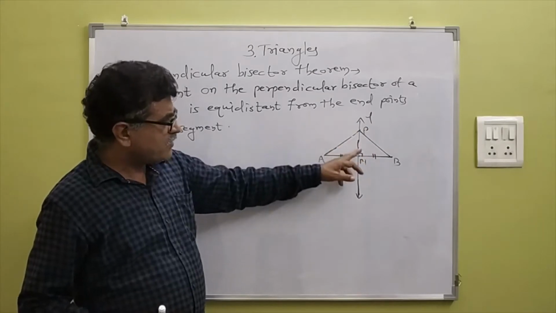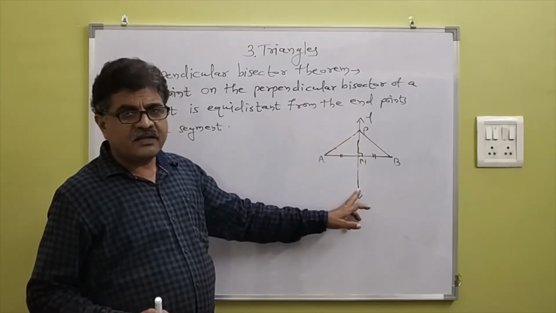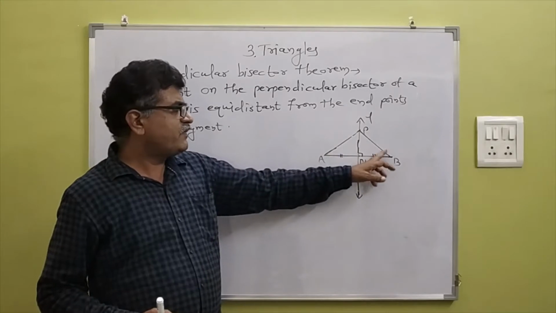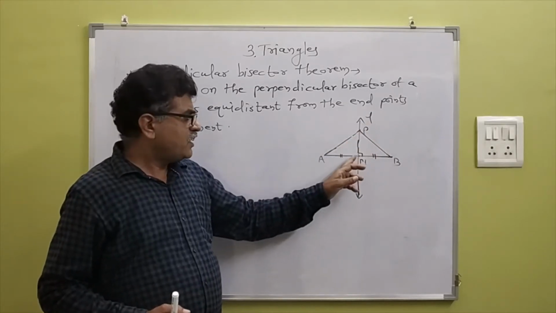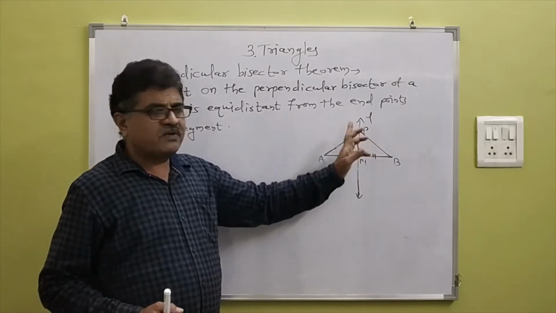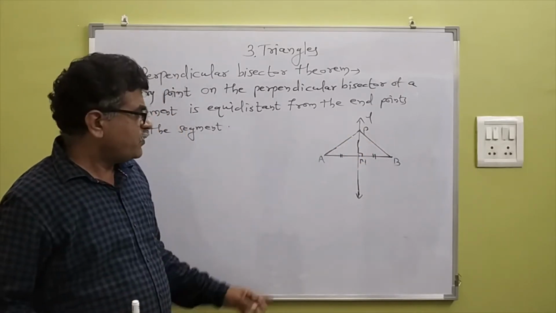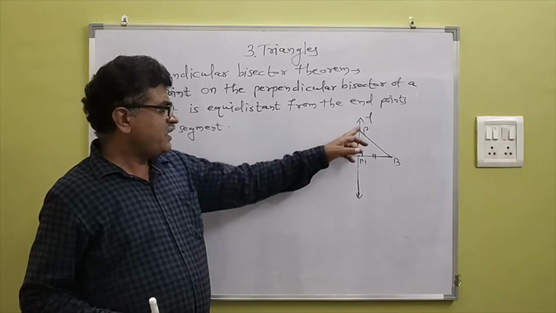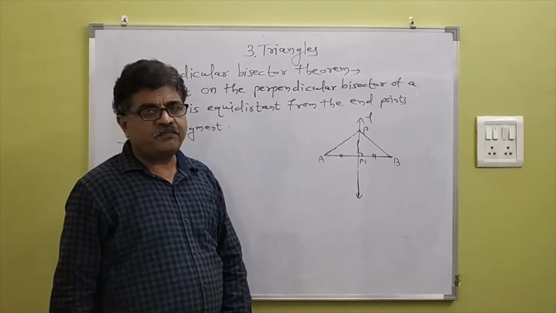And also we have given P is point on line L. Now here we have to show AP is equal to BP. Now for this, draw segment AP and segment BP.